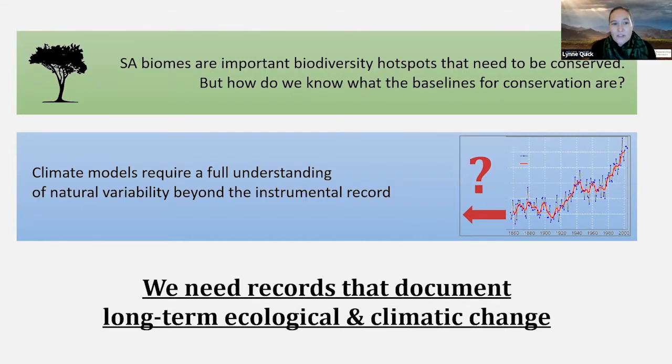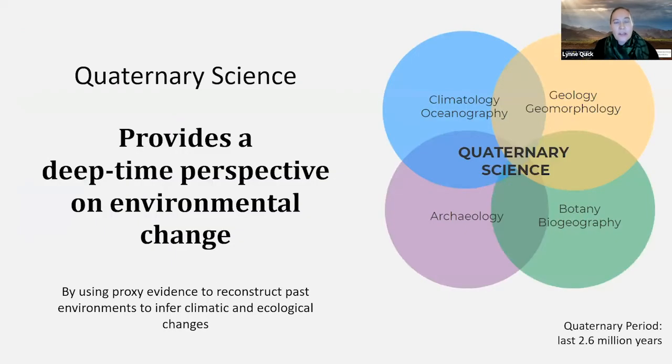And we need this natural variability beyond what we were able to measure in terms of things like rain gauges and temperature records. To summarize, we need records that document long-term ecological and climatic changes. And this is where people like myself really come in, and where we can provide information to help inform those kinds of questions and those types of models.